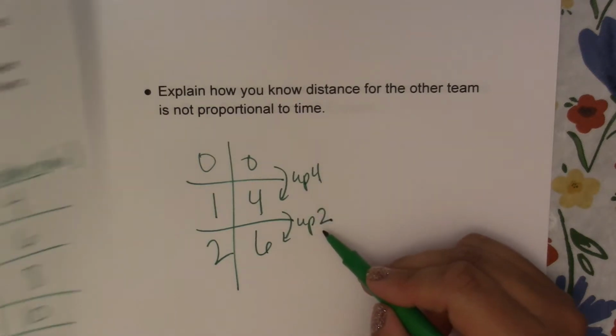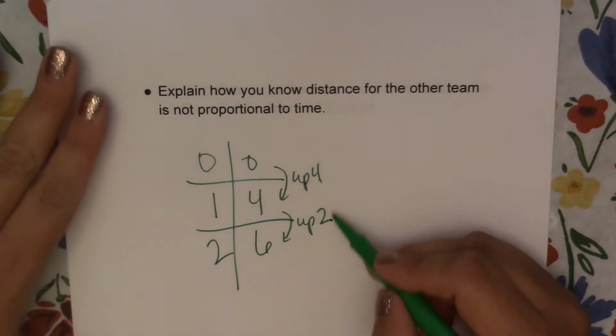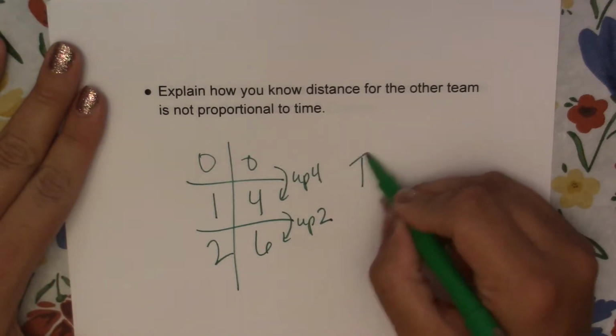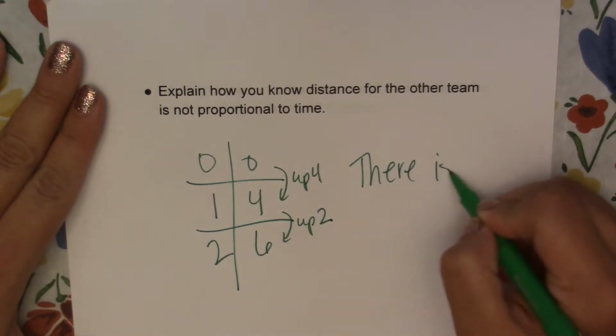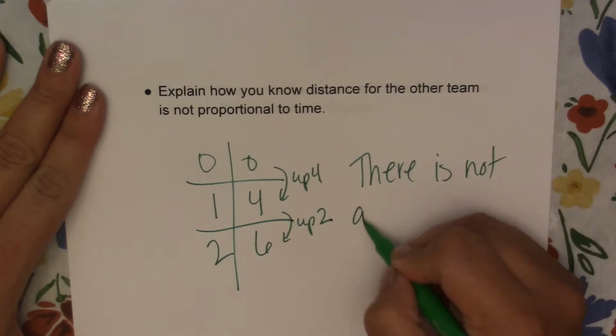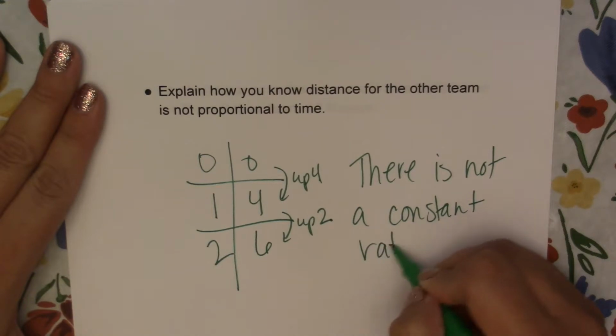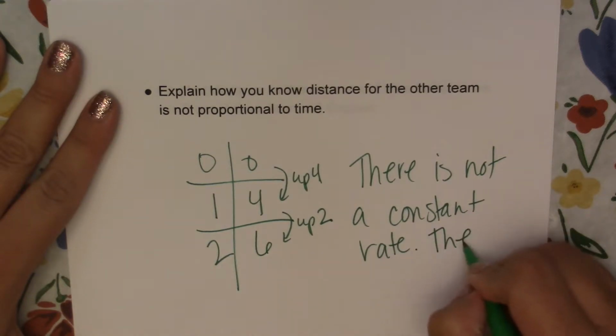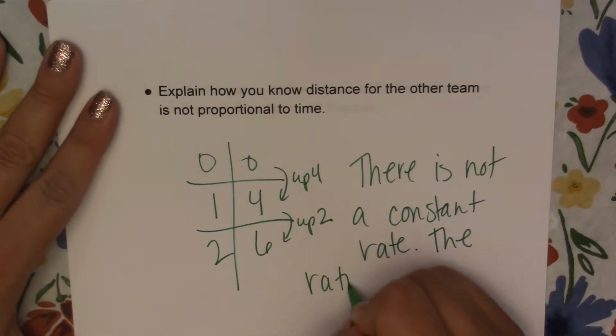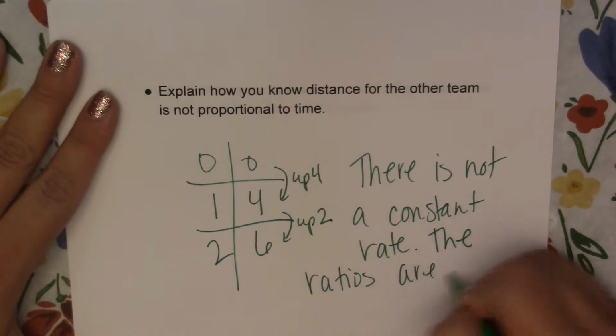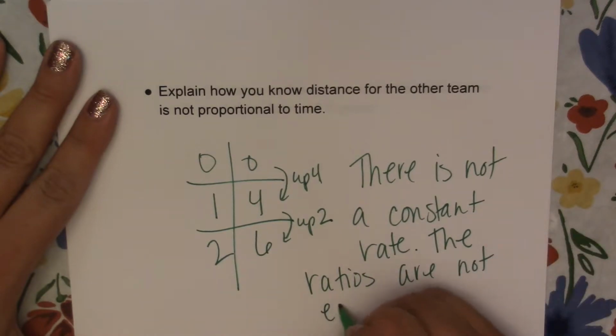So this difference, this change, makes this not constant. So there is not a constant rate, and the ratios are not equivalent.